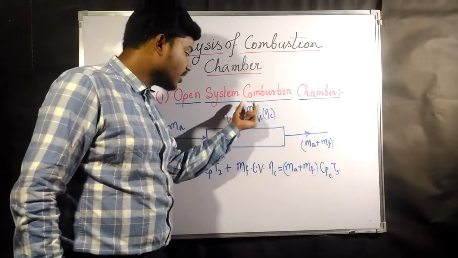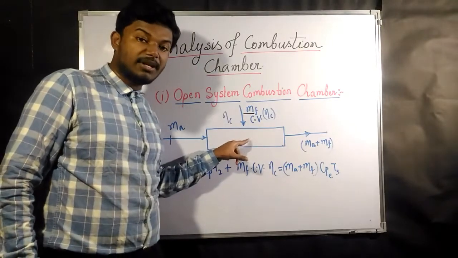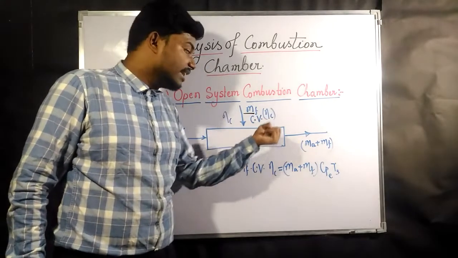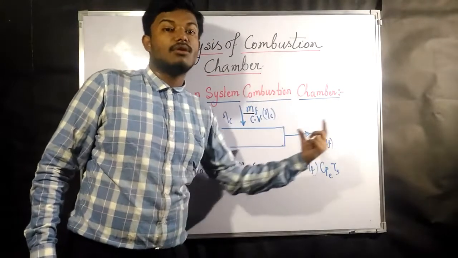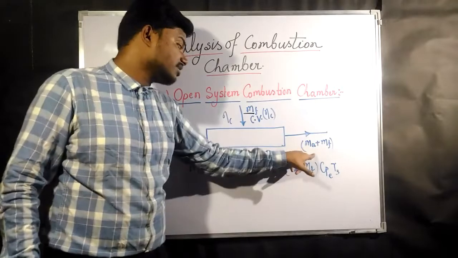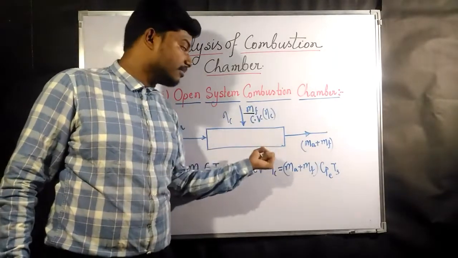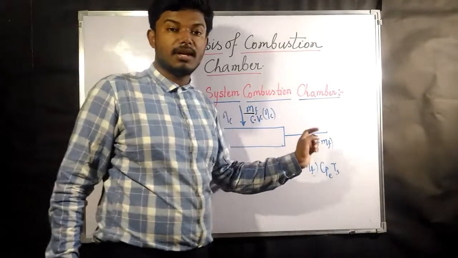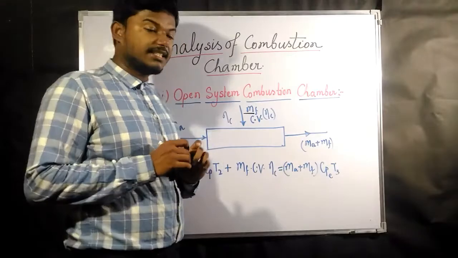The air and fuel mix, so the mass coming out as exhaust gas must be the summation of the air coming in and the fuel coming in, which together comprise the mass coming out of the combustion chamber.